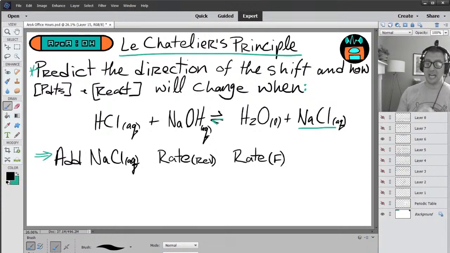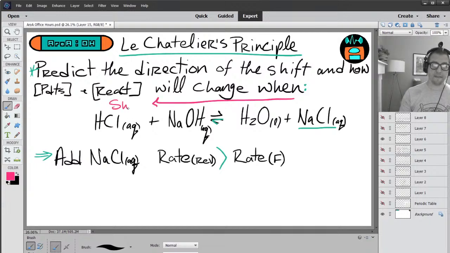That means adding NaCl to this equilibrium will increase the rate of the reverse reaction. That will result in a shift to the left. So adding NaCl, it says to predict the direction of the shift.